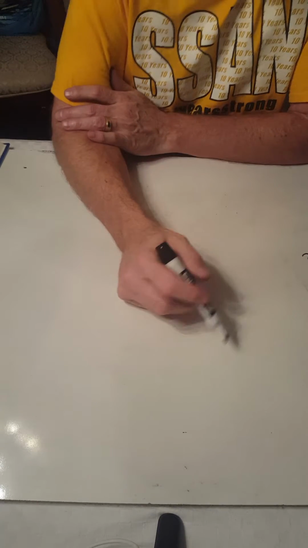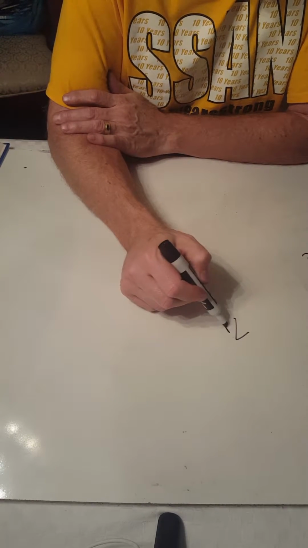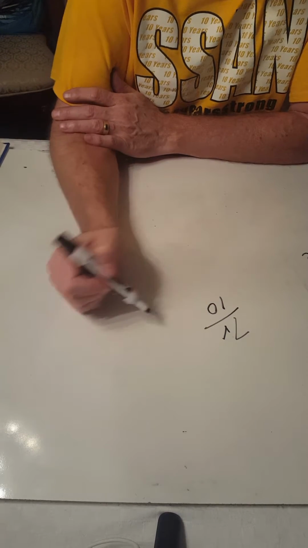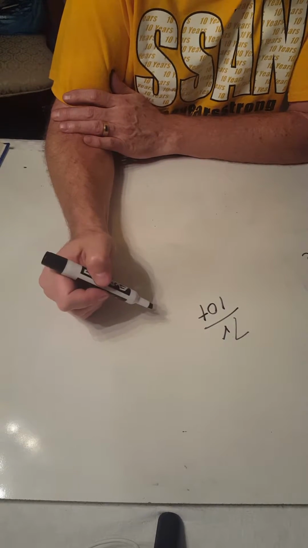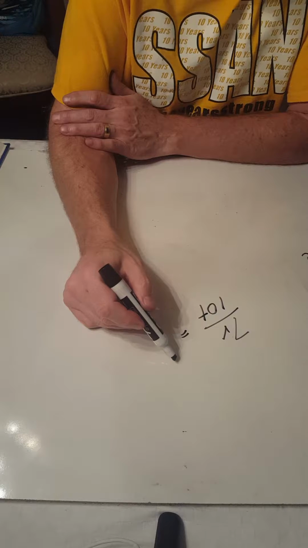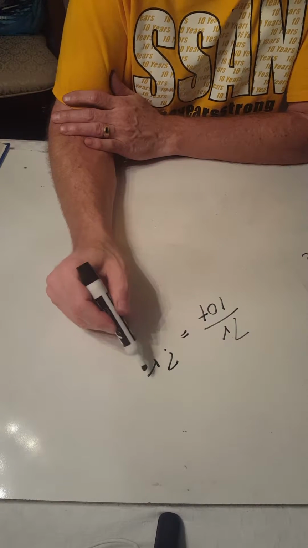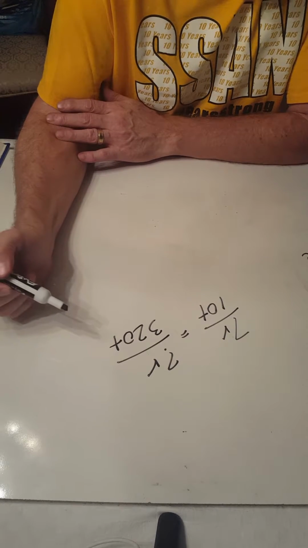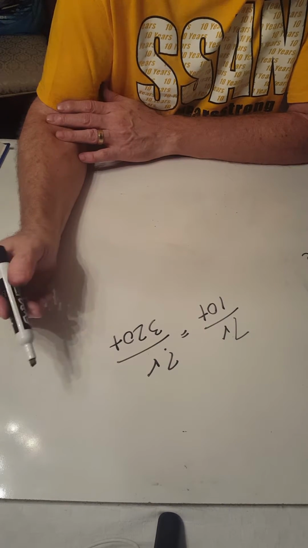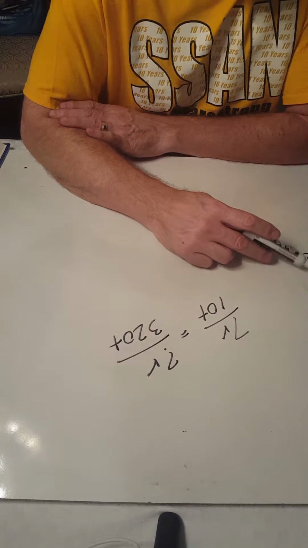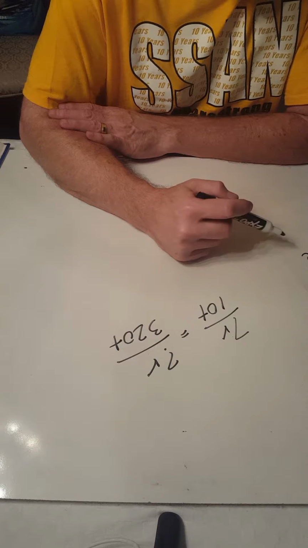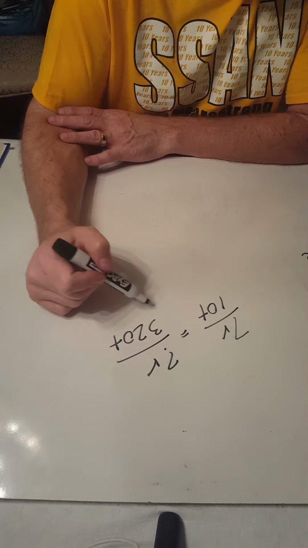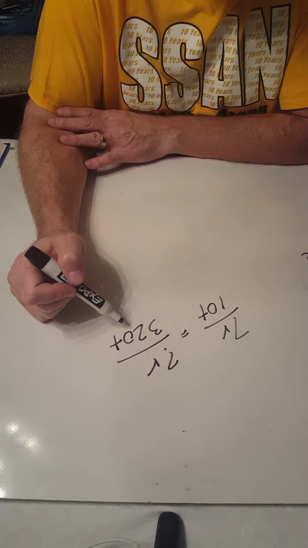Okay? So 7 red is to 10 total is how many red is to 320 total. Or if they gave you the same ratio, they said there's 7 red for every 3 blue, and there are 320 total, how many blue marbles are there?